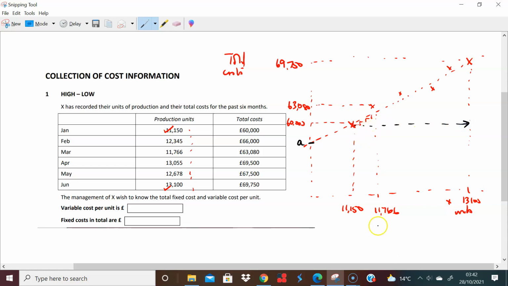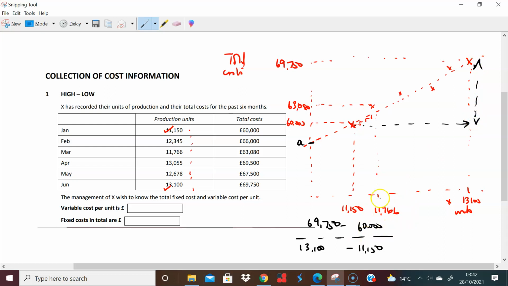I'm saying when the units increase from 11,150 all the way to 13,100, the costs increase from 60,000 all the way up to 69,750. So this is what we refer to as the Hi-Lo method. I find the difference between those movements.